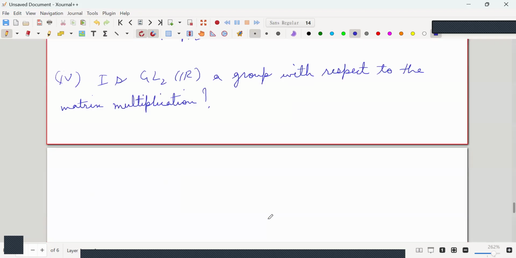So solution. So binary operation part is done.